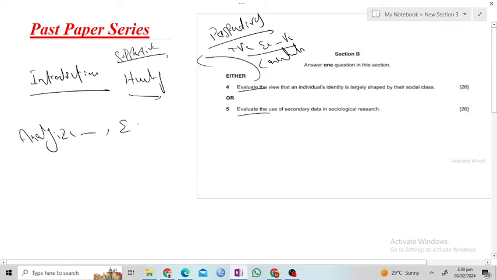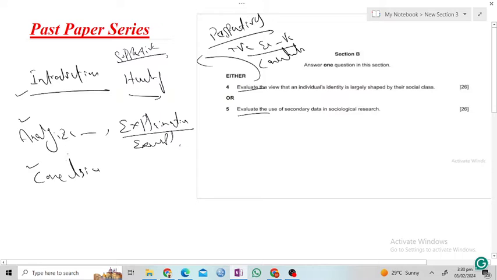How will you analyze it? By explanation, or any kind of example, and then give a very good conclusion. The conclusion is about your heading and your example, and then you conclude it.